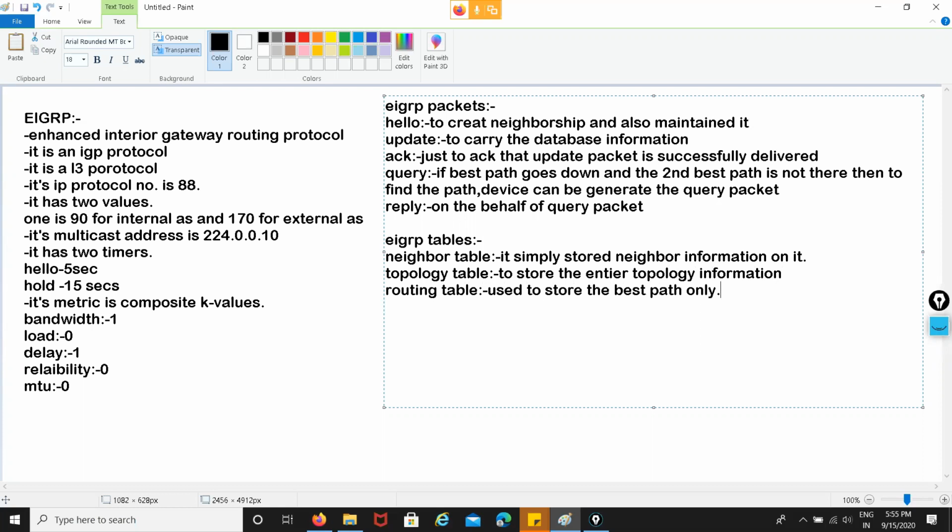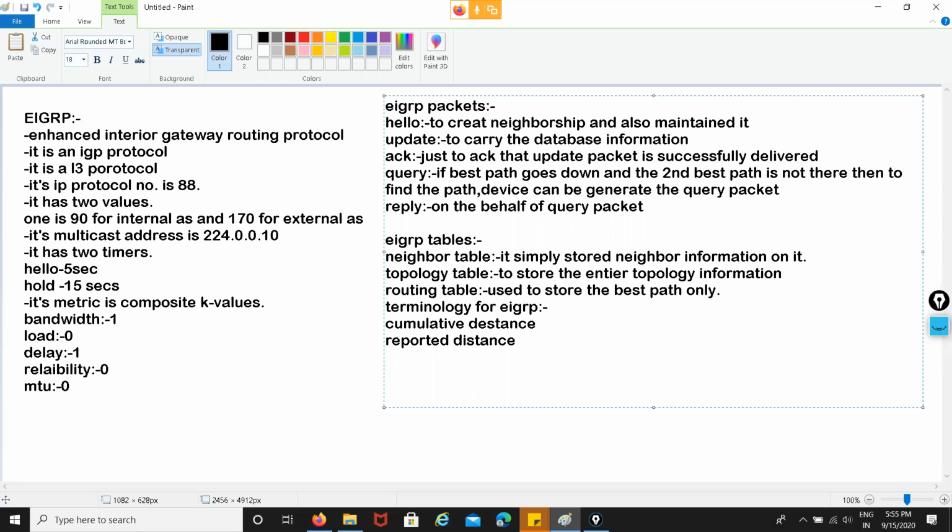Okay, so this is all about the EIGRP protocol, and also you can see it uses some specific terminology to maintain its neighbor table or its topology table. So these are the specific terminology for EIGRP. First one is the CD. CD stands for cumulative distance. Second thing is the reported distance.